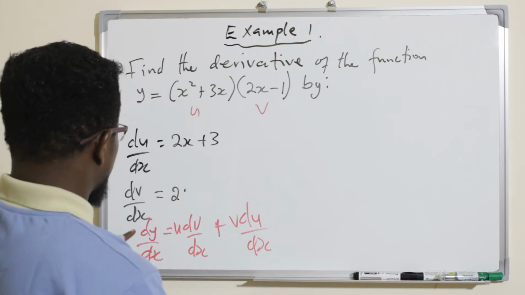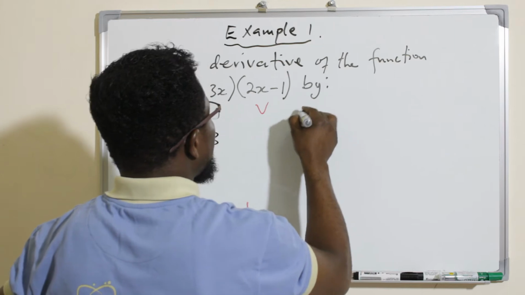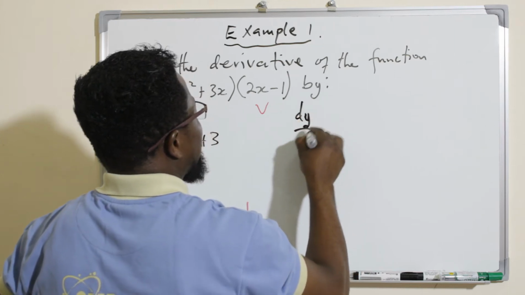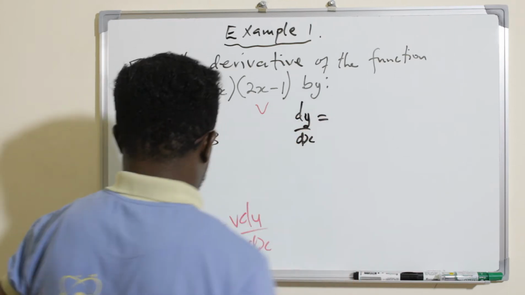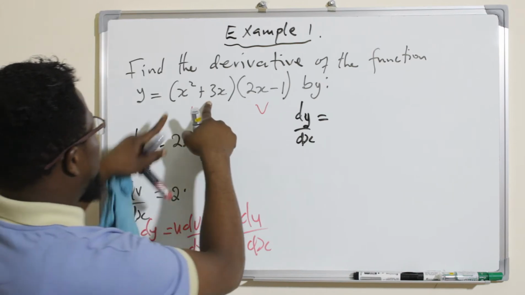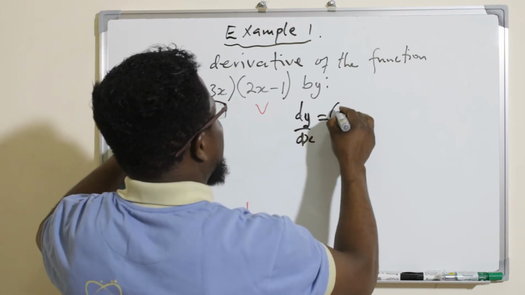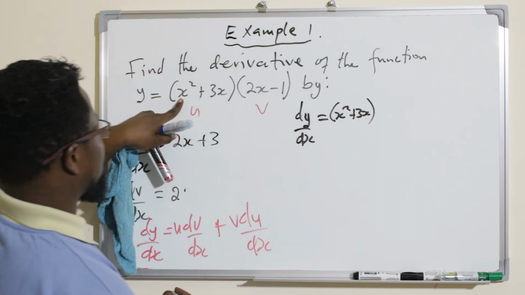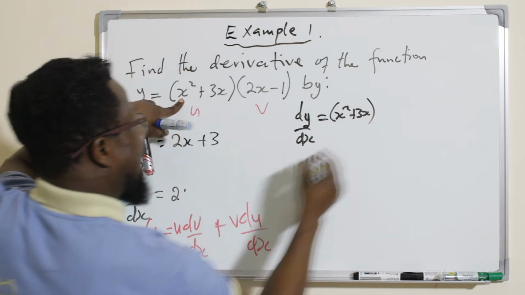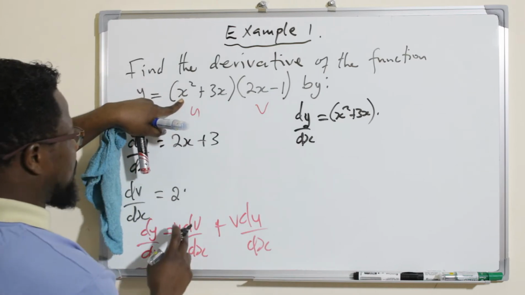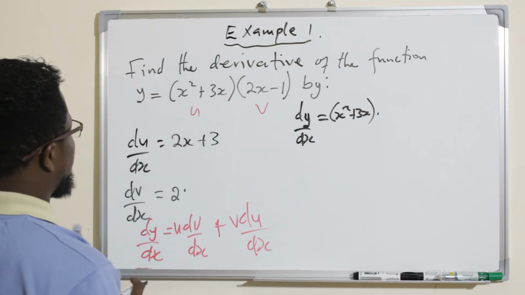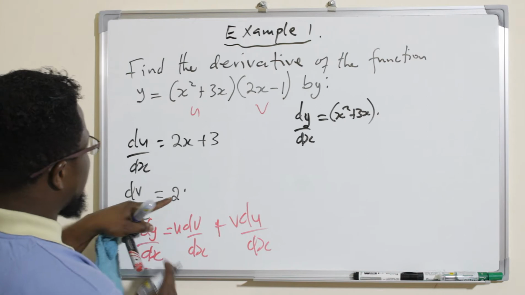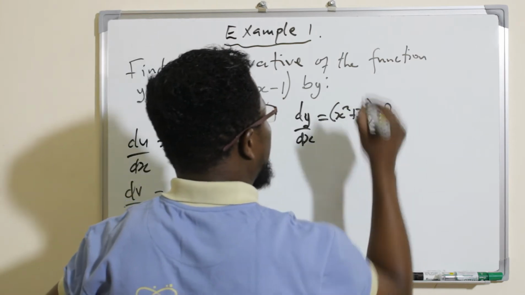So let's go on. dy/dx is now equal to, where is u? U is here. And u is x squared plus 3x. Multiplied by what? dv/dx. Where is dv/dx? dv/dx is here, it is 2. So that is multiplied by 2.